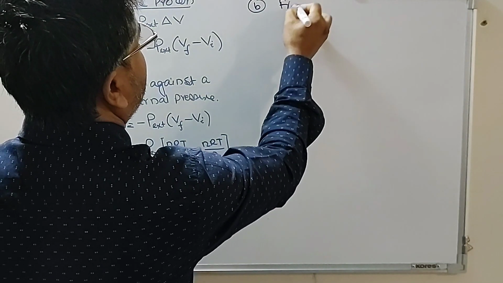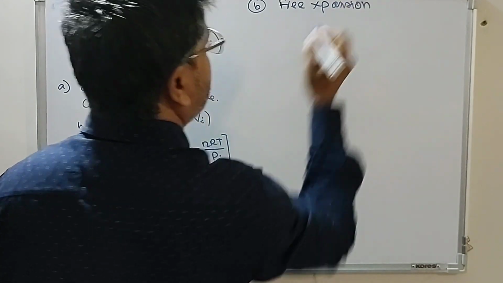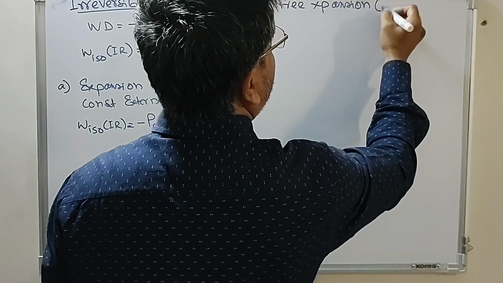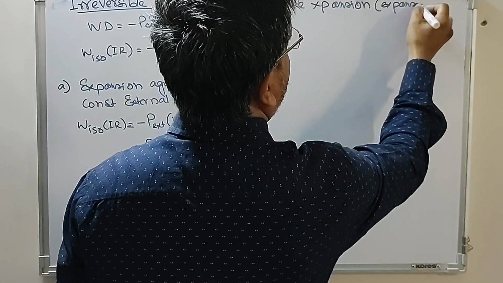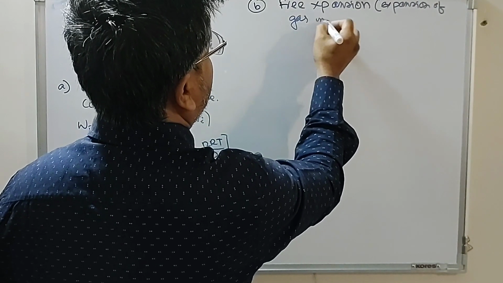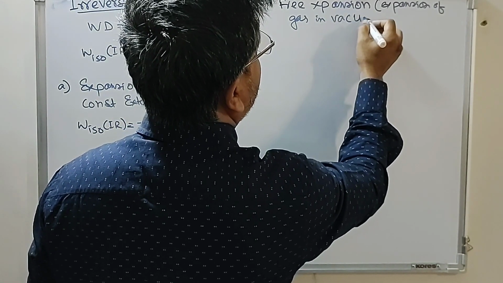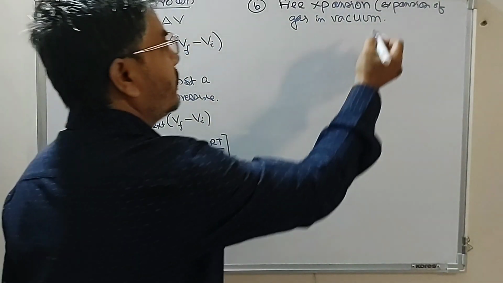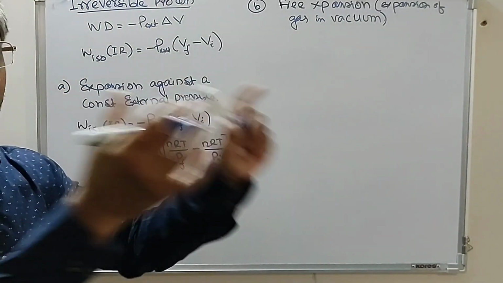A free expansion process means expansion of gas in vacuum. So we have a vacuum in which there is no gas, and we are expanding this gas into the vacuum.